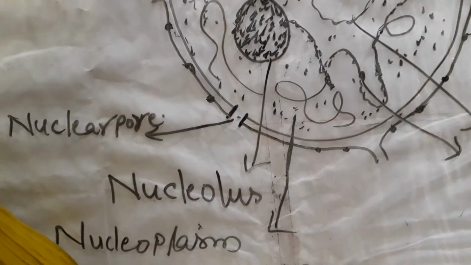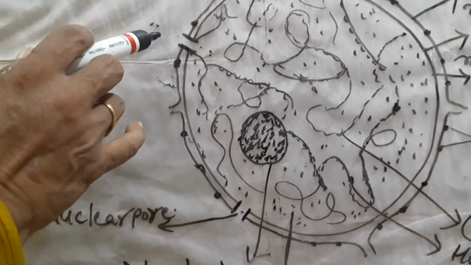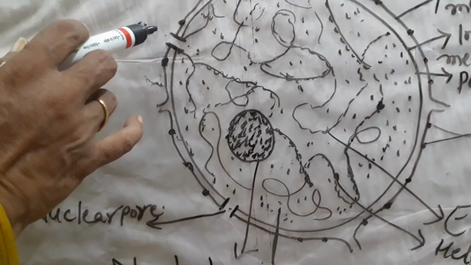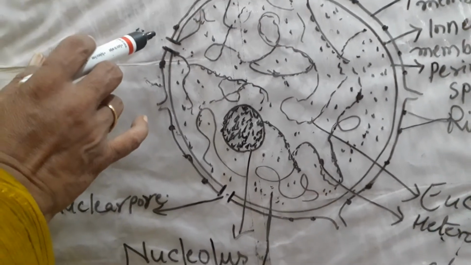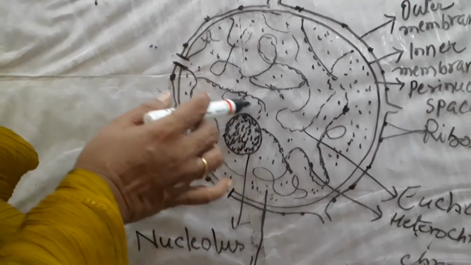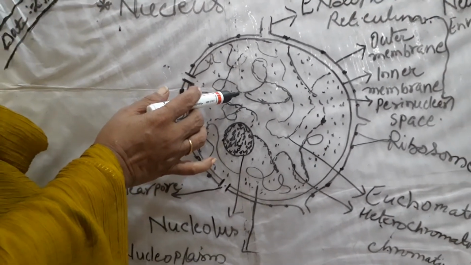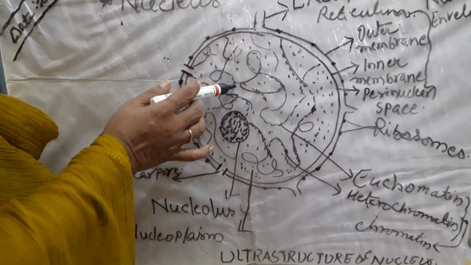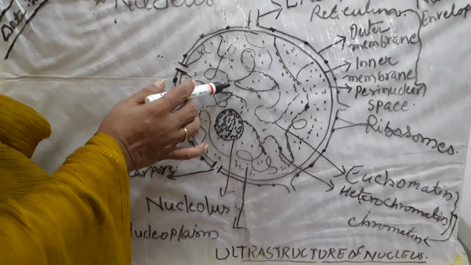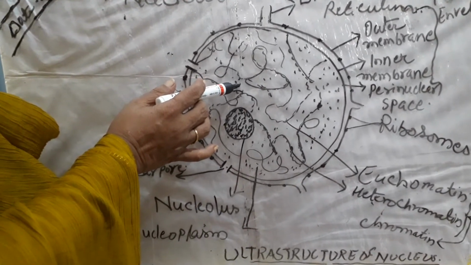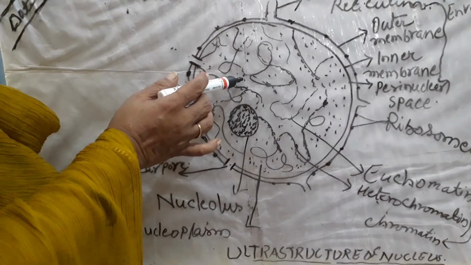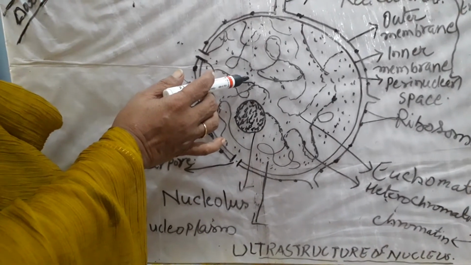The interphase nucleus has a loose and indistinct network of nucleoprotein fibers called chromatin. But during different stages of cell division, cells show a structure called chromosomes in place of the nucleus.